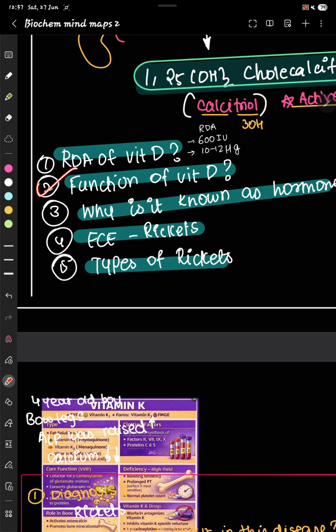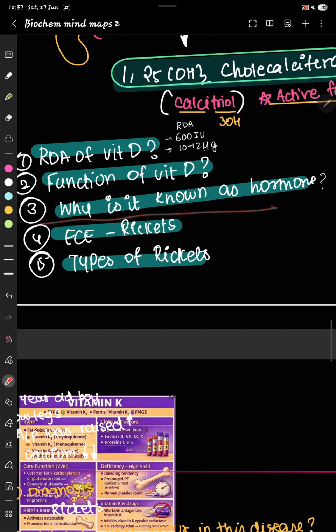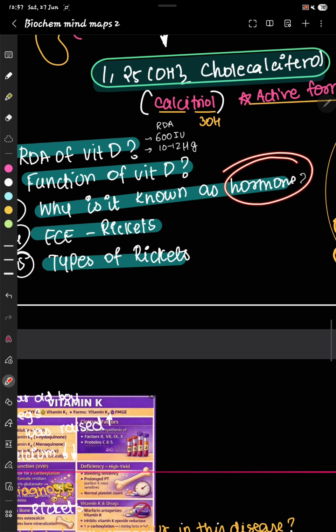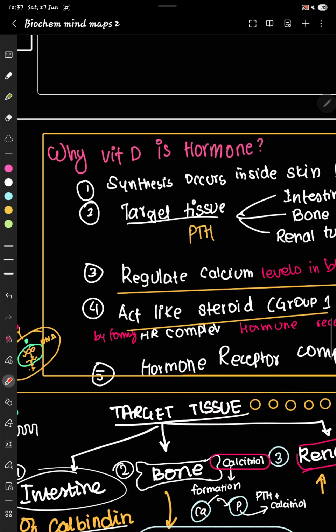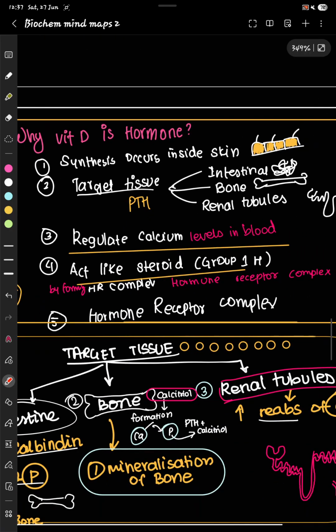Now let us move on to the next question, which says, what is the function of vitamin D? Before that, let's answer why it is known as a hormone, because this question gives us the answer for that one as well. It is called a hormone because it is produced inside our own skin. Other vitamins are not synthesized in our own body.